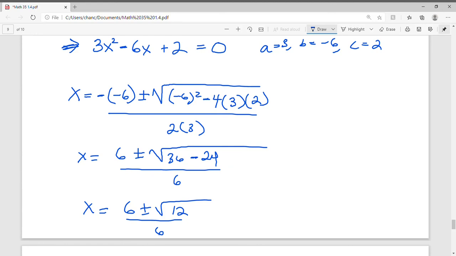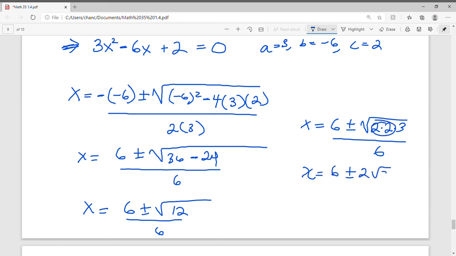Again, don't feel tempted to cancel anything out yet. To reduce those radicals, I can rewrite 12 as 2 times 2 times 3. Then we can bring out the 2 to the front. That's 6 plus or minus 2 root 3 over 6. Now let's simplify this. This is all divisible by 2.